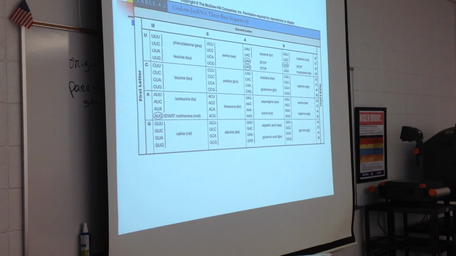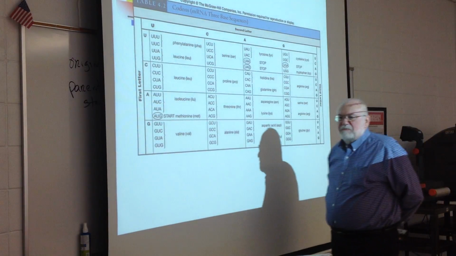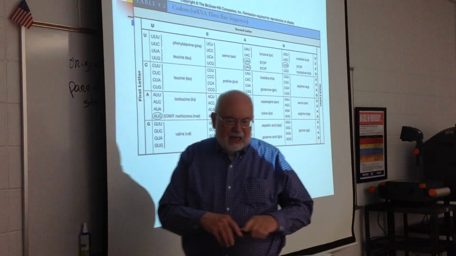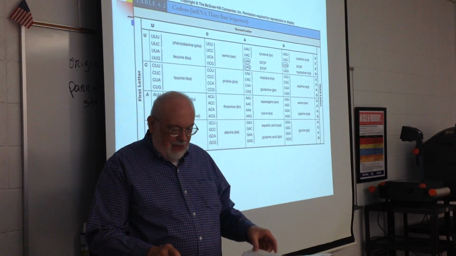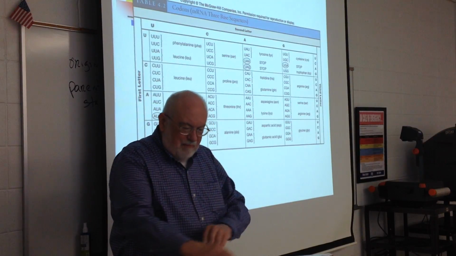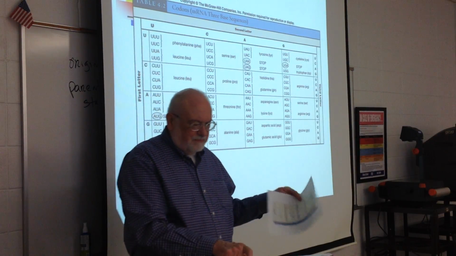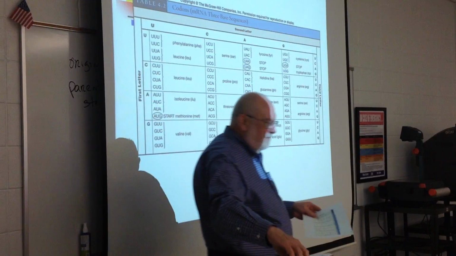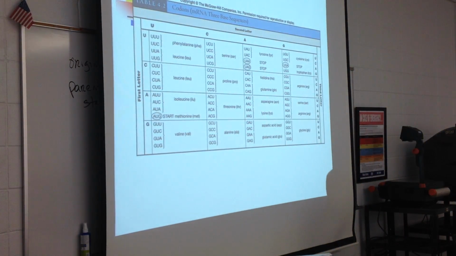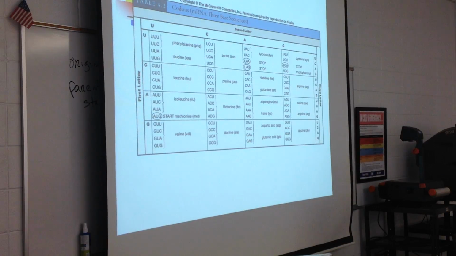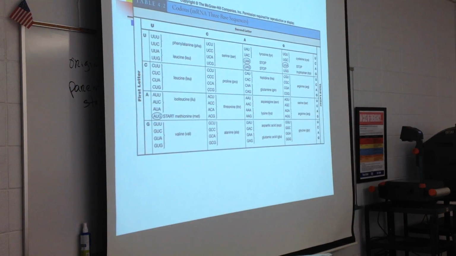Now, I trust everybody has handy their codon chart, which should look something like this. Let me get mine out, and we'll have some fun with it. Here's the deal with this.